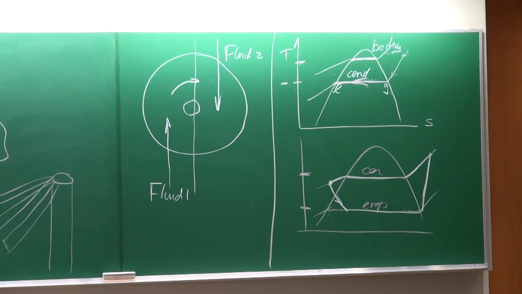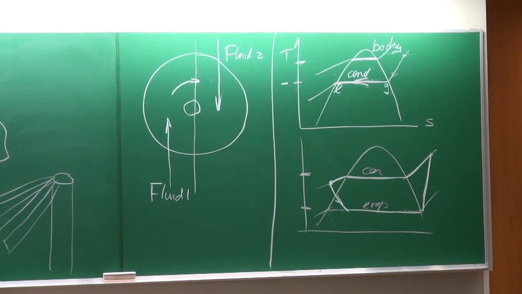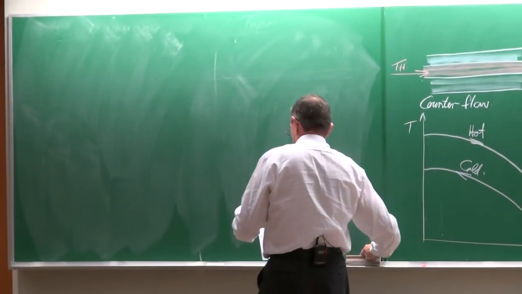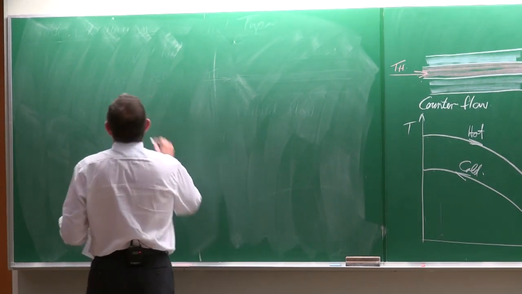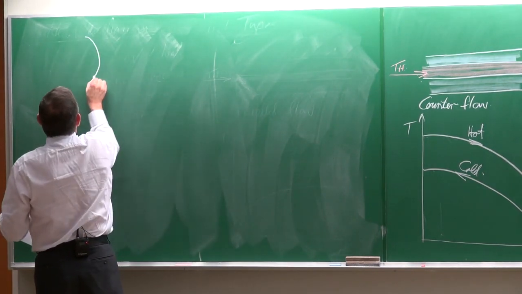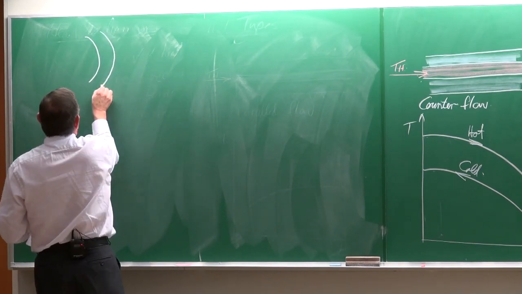So let's introduce what we've actually already know, but we're going to start applying it now to heat exchangers. Okay, let's suppose we have a part of a tube, and I'm just going to enlarge it now like that.